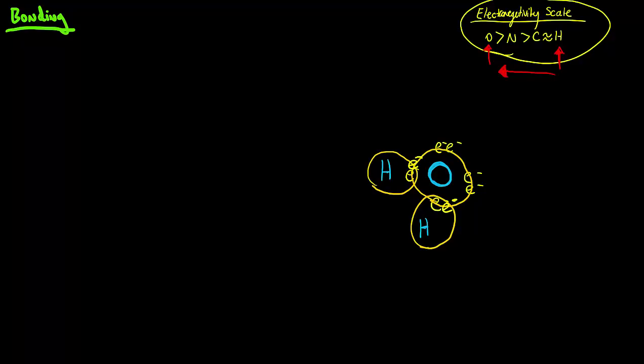But in a polar covalent bond, they're shared unevenly, like we were talking about. So these electrons here are going to spend more time over on the oxygen end of the bond because of its electronegativity. Now, it's going to share the electrons enough that it can still hold on to these hydrogens, but not evenly, so there is going to be a little bit of a charge difference here.